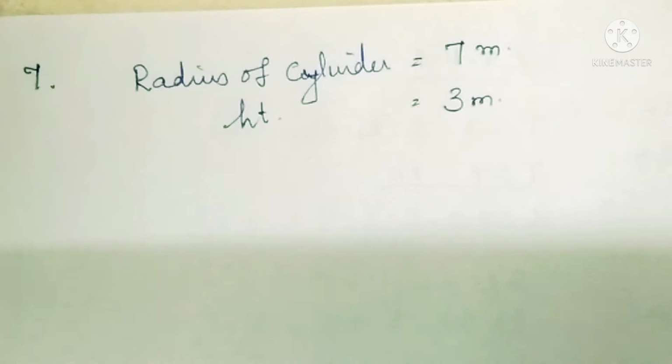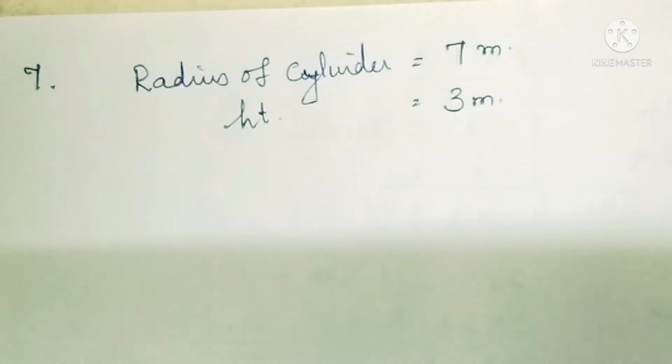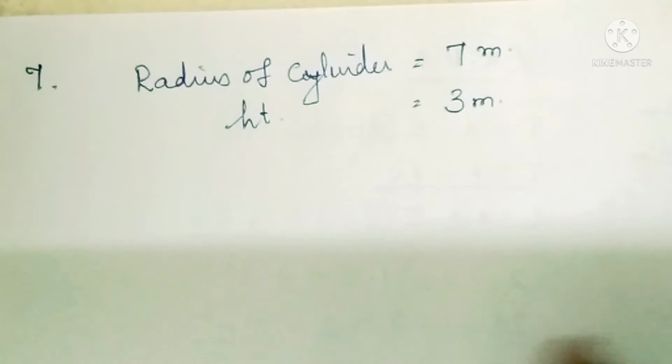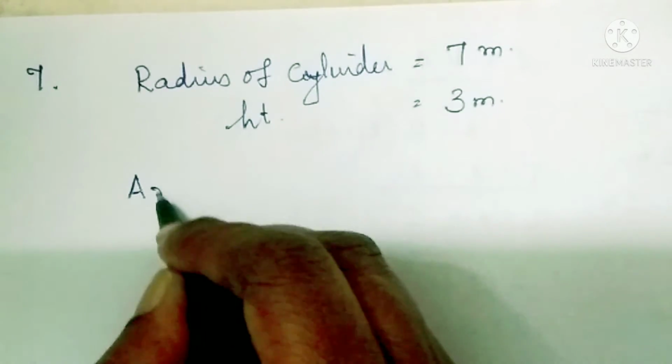So while learning the lateral surface area, we already learned that the lateral surface area of the cylinder will be equal to area of the rectangle which is used to make it. So what is the area of the sheet?